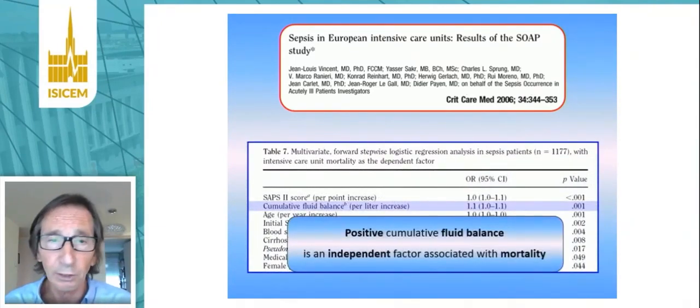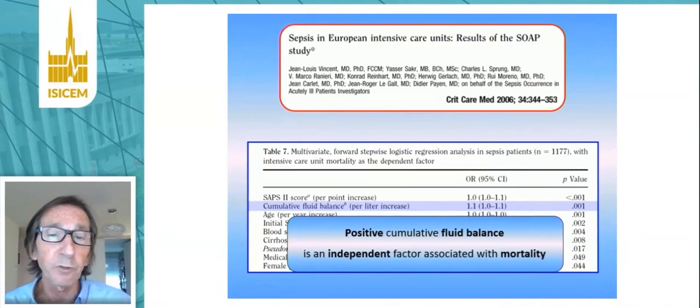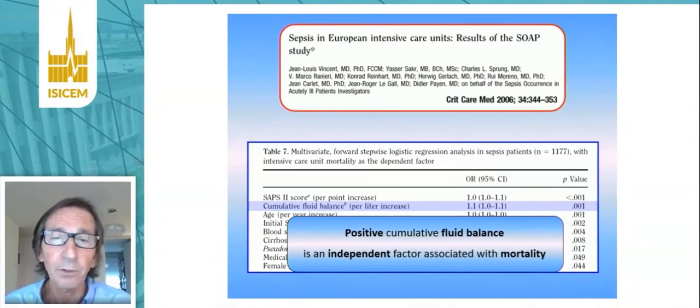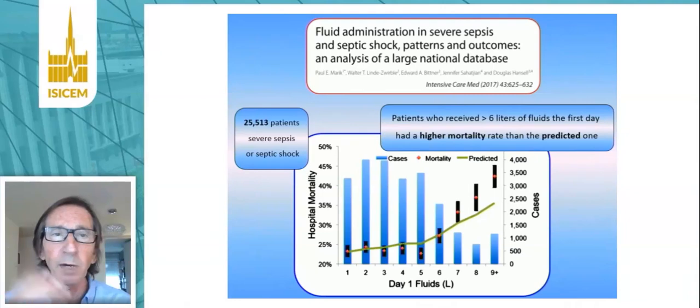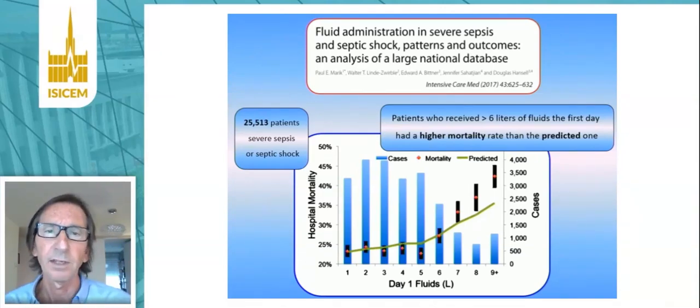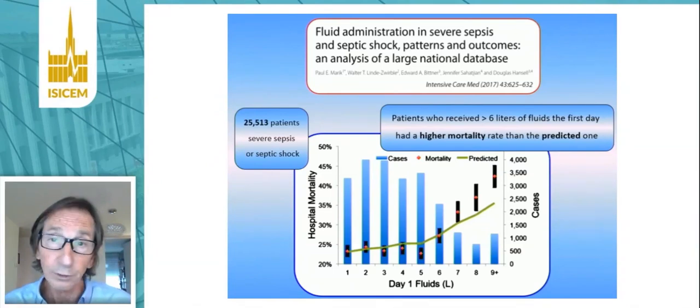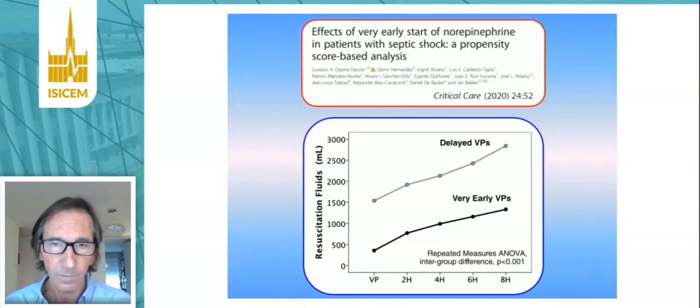You know this study by Jean-Louis Vincent and co-workers showing that the positive cumulative fluid balance in patients with sepsis is an independent factor associated with mortality, and many other studies confirm these results. This is a study by Paul Merrick, including 25,000 patients, and showing that patients who receive more than 6 liters of fluid the first day had a higher mortality rate than the predicted one. So again, accumulation of fluid is harmful.